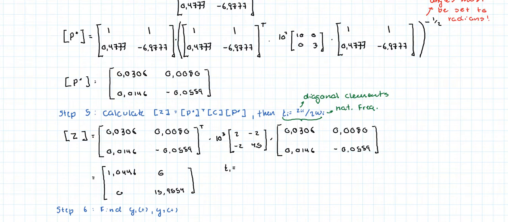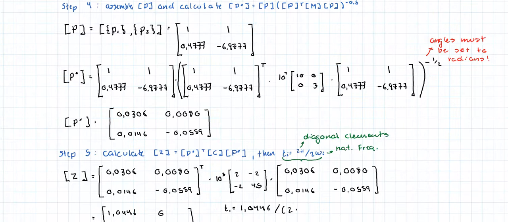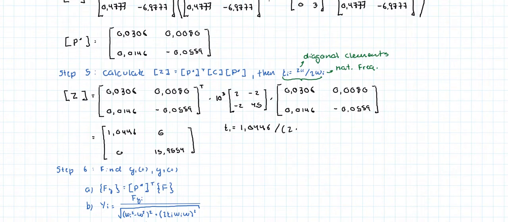So the first one is 1.0446 divided by 2 times the first natural frequency, which was 14.4539, and that's 0.03614 unitless.